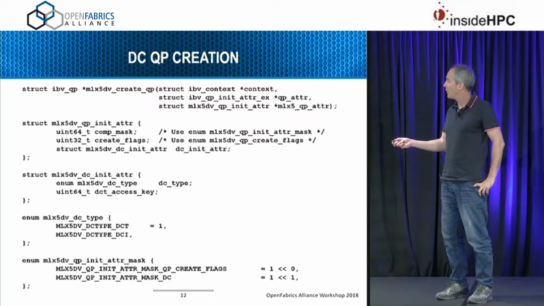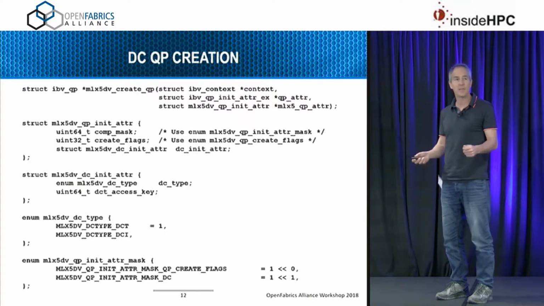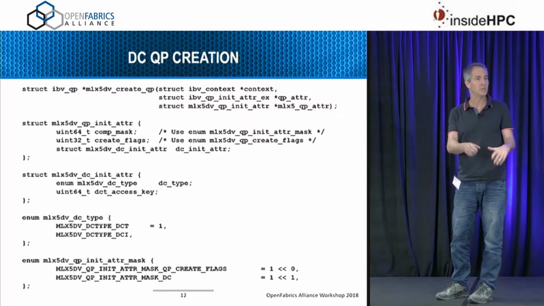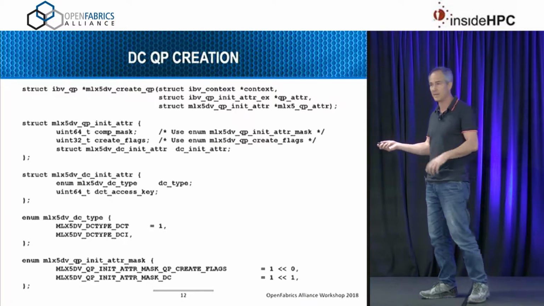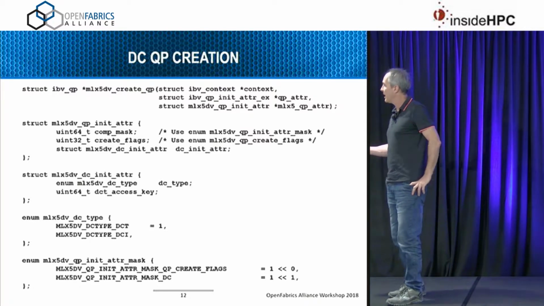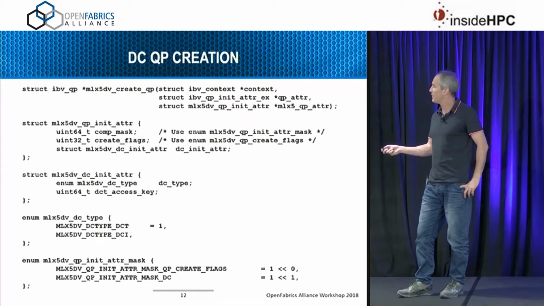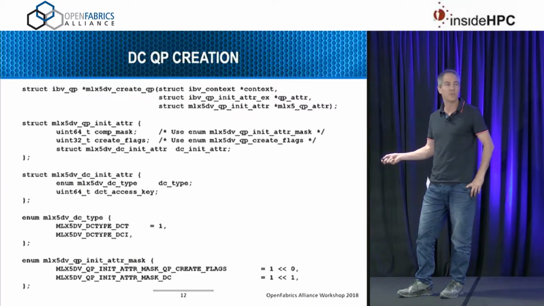Then we add specific DV QP attributes, which add the additional few bits we need to map, in this case, DCT or DCI. We have some flags and specific DC QP attributes. The user can choose which QP type he wants.